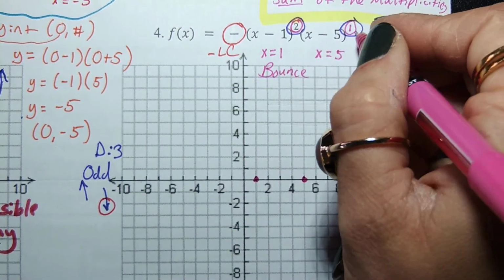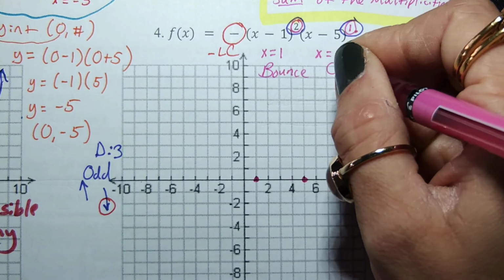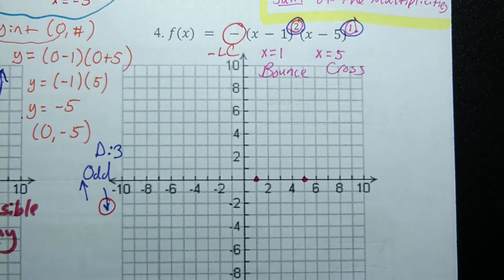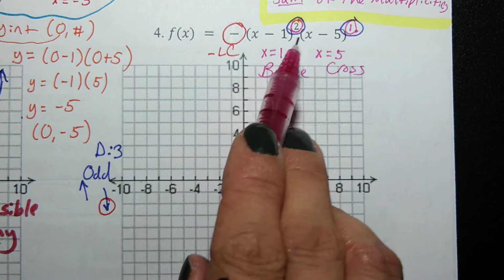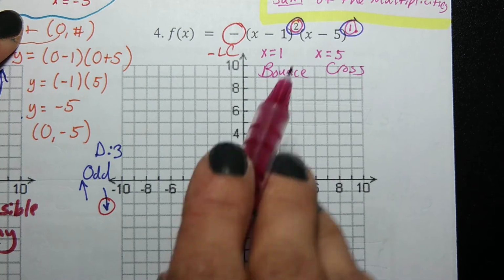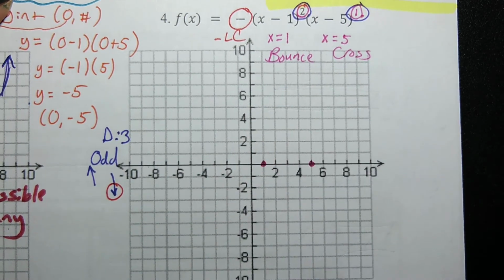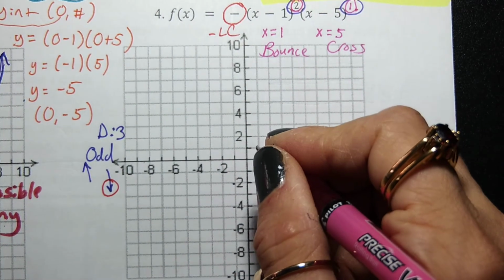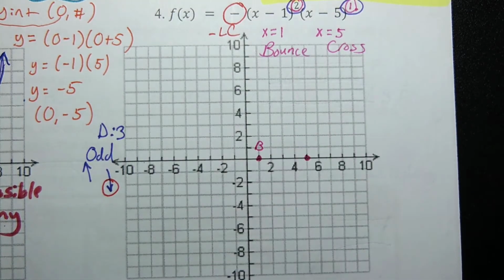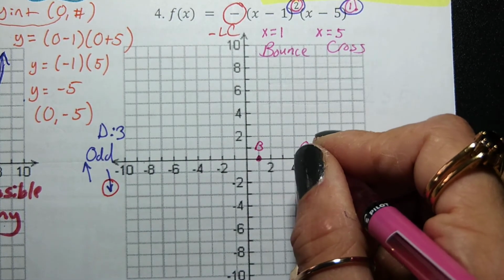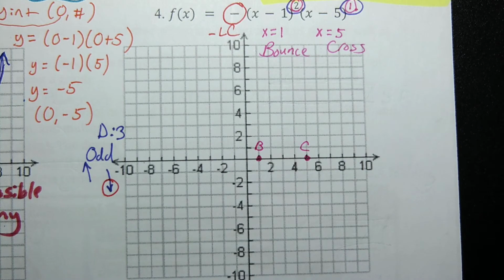Odd multiplicity, which we have here, is 1. That will cross. So multiplicity even, it bounces. Multiplicity odd, it crosses. I'm going to put a B by the x equals 1 and a C by the x equals 5. B for bounce, C for cross.